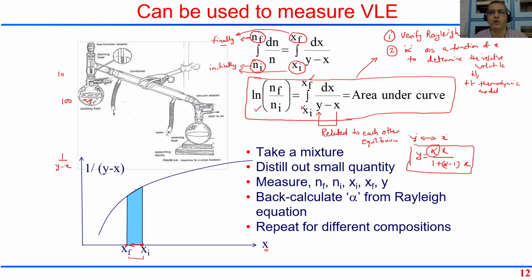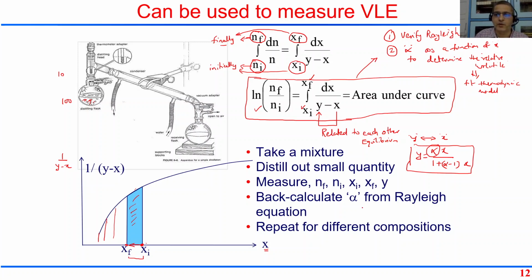You have in a sense found out what is the value of y over this range of composition xi to xf, provided, of course, alpha changes very dramatically, therefore we are not going to find alpha over a wide range. Let's say from mole fraction 0.9 to 0.2, we will find from say 0.9 to 0.8, then 0.8 to 0.7, 0.7 to 0.6, 0.6 to 0.5, and so on, and we'll find alpha over this range.